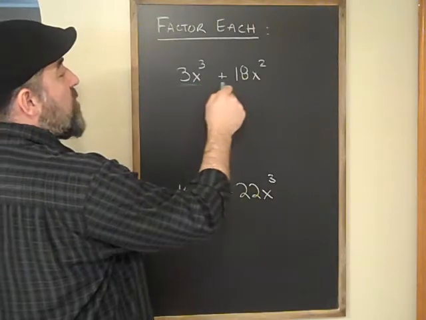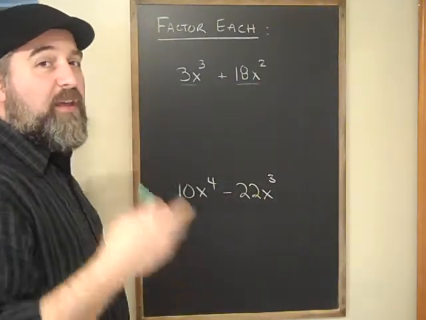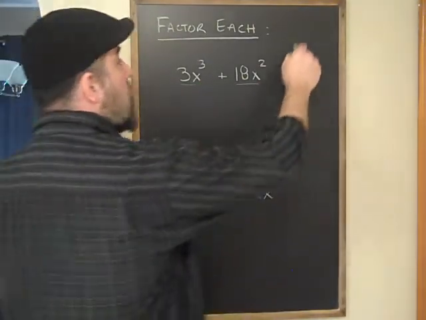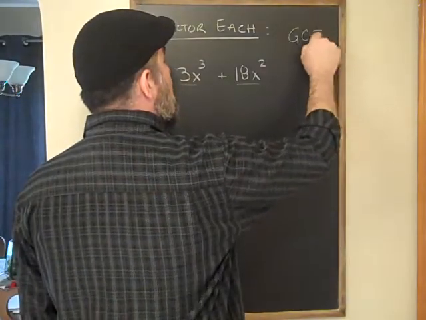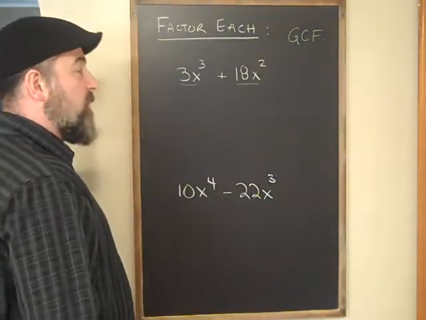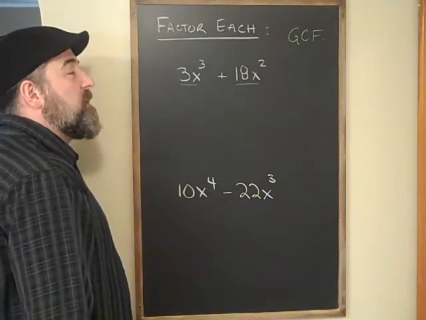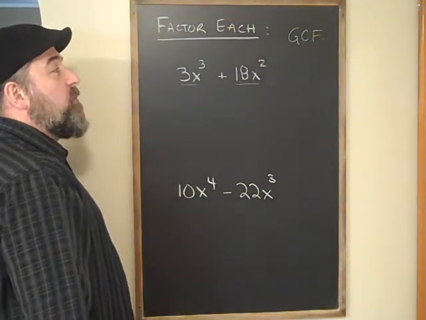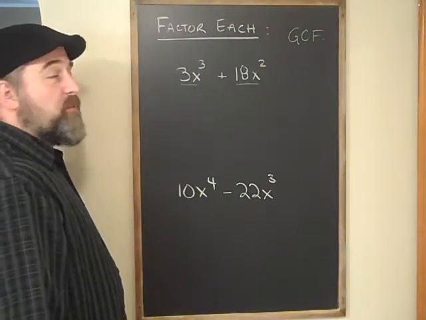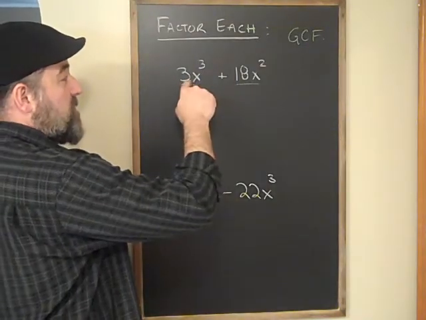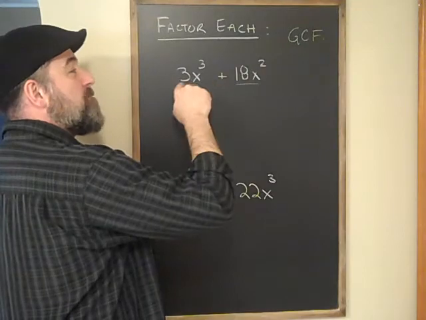So between the two terms, we have to identify the greatest common factor. We're looking for a GCF, the greatest common factor. The greatest common factor is going to consist of the greatest numerical factor of the two terms. So is there a number that divides into both of these?